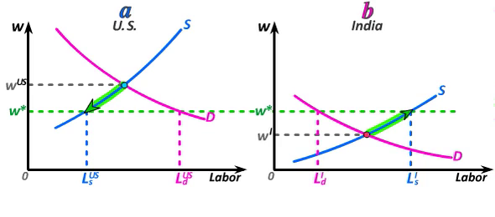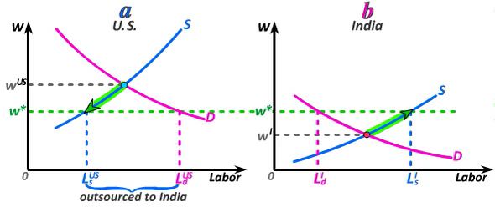Similarly, in India, the demand by domestic Indian firms for labor remains the same. But because US firms are demanding more labor in India, overall demand is increasing and thus pushing up wages there.